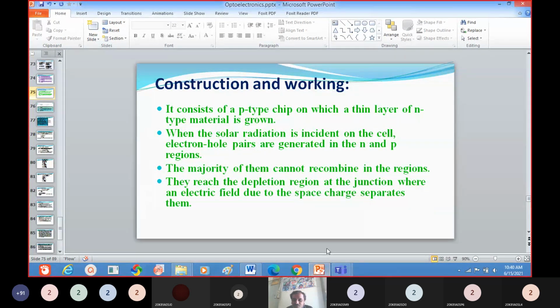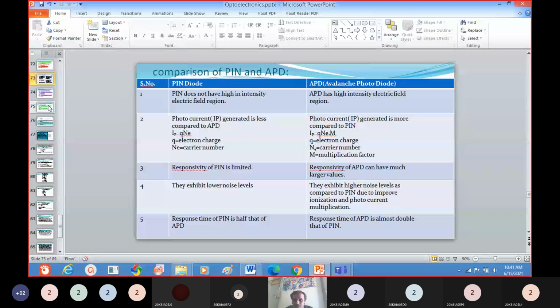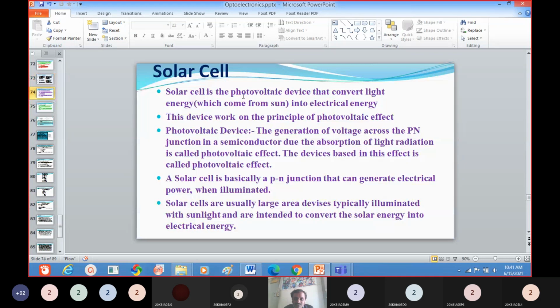So now we are going to the solar cell. I will give just an introduction about the solar cell here. In the last class, we discussed photodiodes: PN junction photodiode, PIN photodiode, APD photodiode.